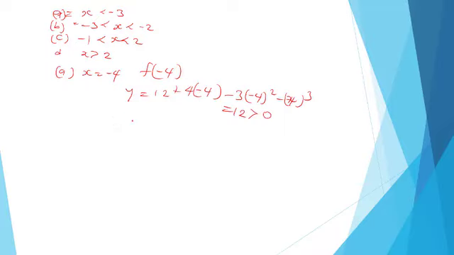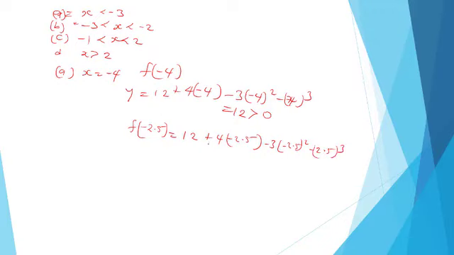Now we do for the next one. Since we are looking for a range between minus 2 and minus 3, we can go for minus 2.5. Minus 2.5 is within the range, so we now have 12 plus 4 times minus 2.5, minus 3 times minus 2.5 raised to power 2, and minus 2.5 raised to power 3.